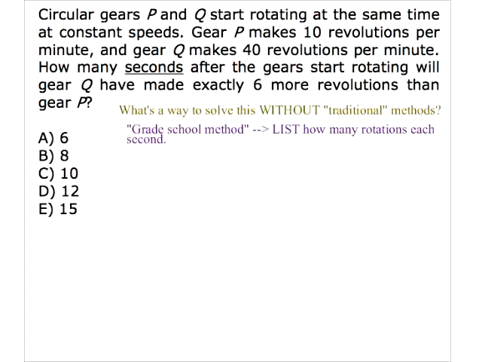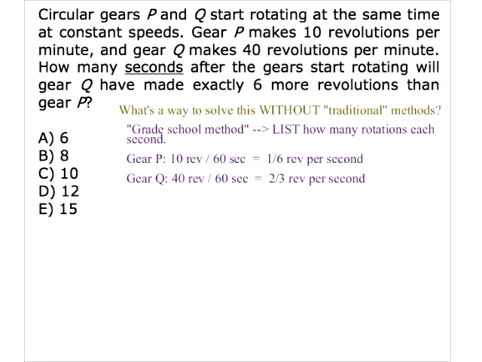So gear P goes 10 revolutions per 60 seconds. So that's 1/6 revolution per second. And then gear Q goes 40 revolutions in 60 seconds. So that's 4/6, which is 2/3 of a revolution in every second.